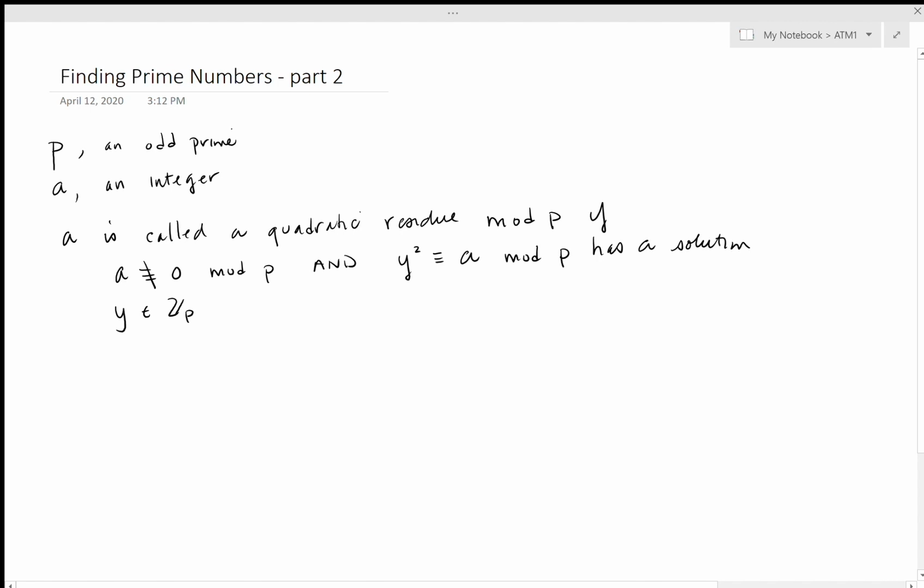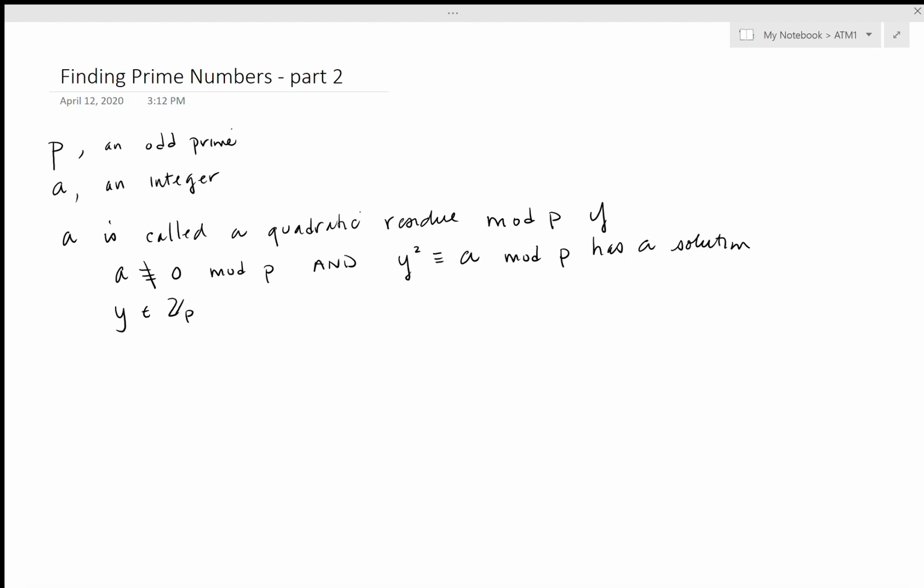Okay, so let's read through that again. A is a quadratic residue if it's not equal to 0 mod P, and there is some other number y such that when you square y, it is congruent to A mod P.